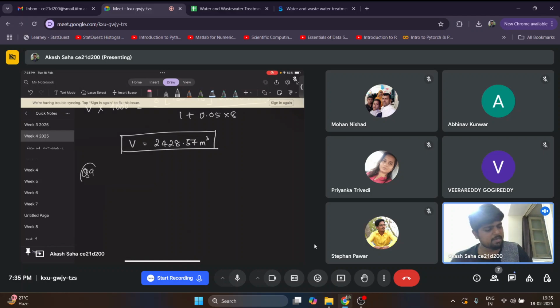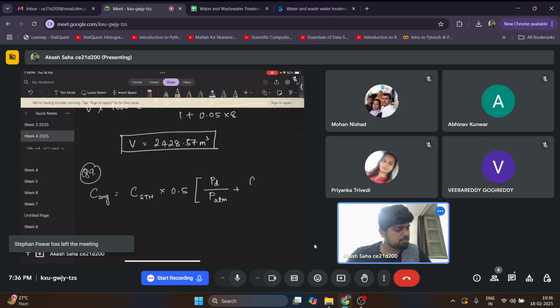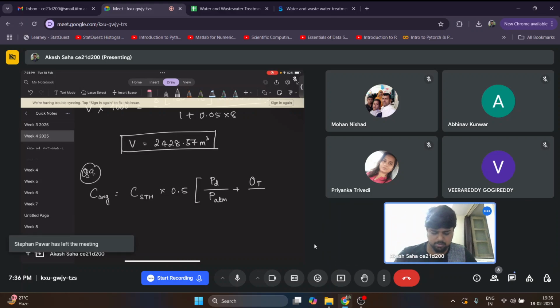So question number 9. First we will find out the average concentration, that is the C average. It is nothing but C at the standard temperature and pressure into 0.5 into PD, that is the pressure at full depth, by atmospheric pressure PATM, plus the oxygen percentage by 21, because 21% oxygen is there in air, so that's why we are dividing by 21.